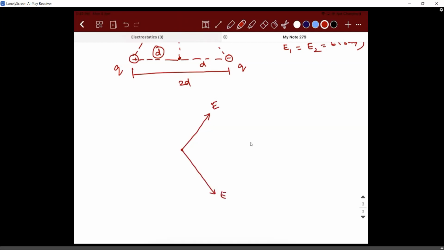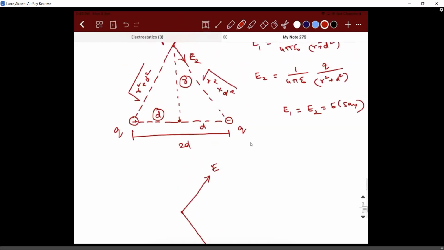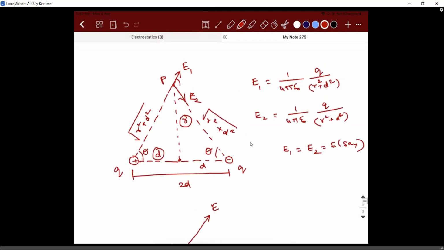of these two, where I know the magnitude of these two charges. Now I'm going to take this angle as theta. So if I take the base angle as theta, it forms an isosceles triangle. You're able to see that. So when that is going to be theta, then how much is going to be the angle between these two?